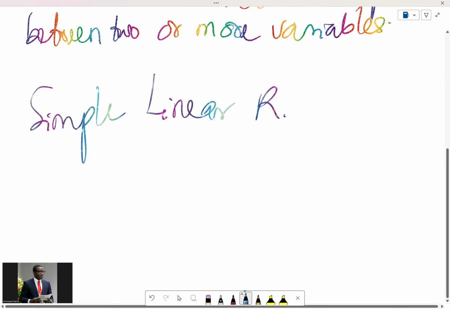Sum of squared errors, that is SSE. Okay, so that lays the foundation for simple linear regression.